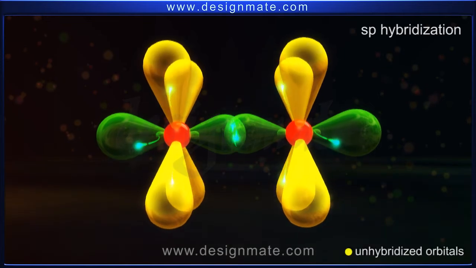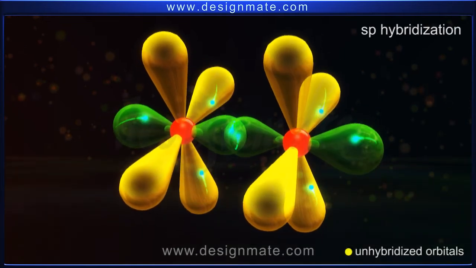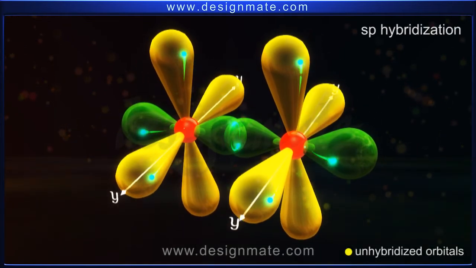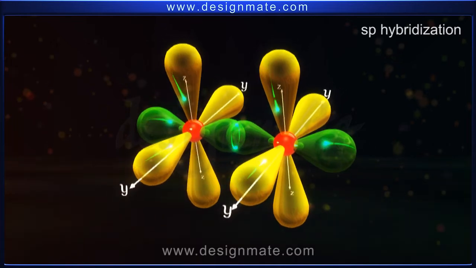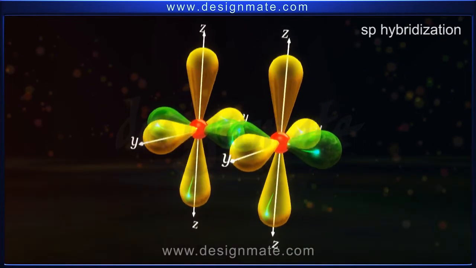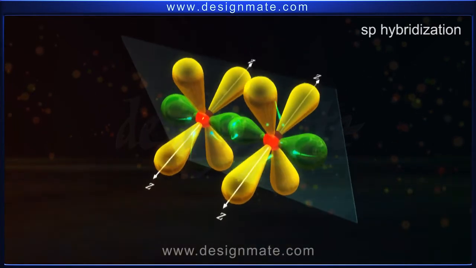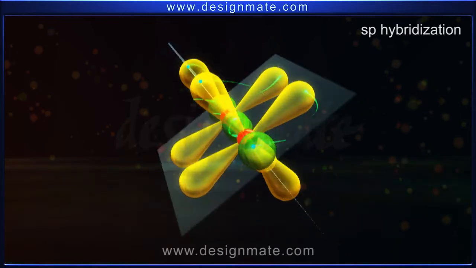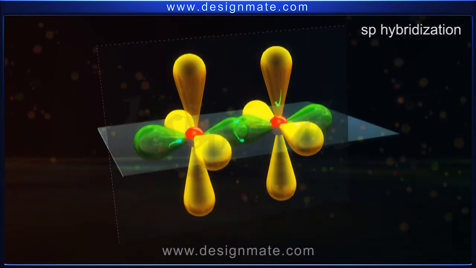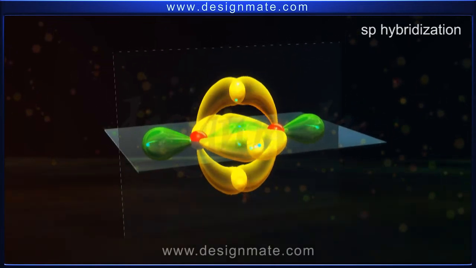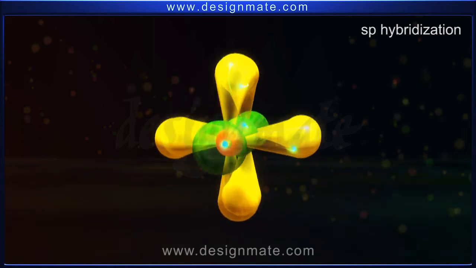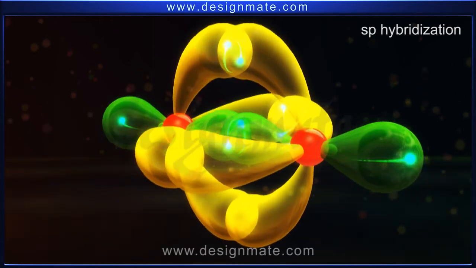Each of the carbon atoms also have 2 unhybridized p orbitals, namely the py and pz orbitals. These orbitals, which lie in 2 mutually perpendicular planes containing the sigma bond axis, also come very close to each other and overlap laterally, resulting in the formation of 2 pi bonds between the 2 carbon atoms.